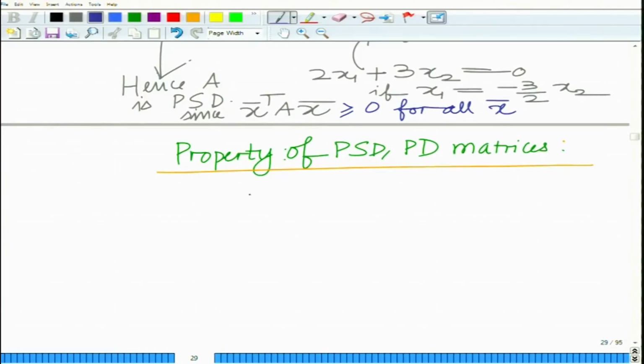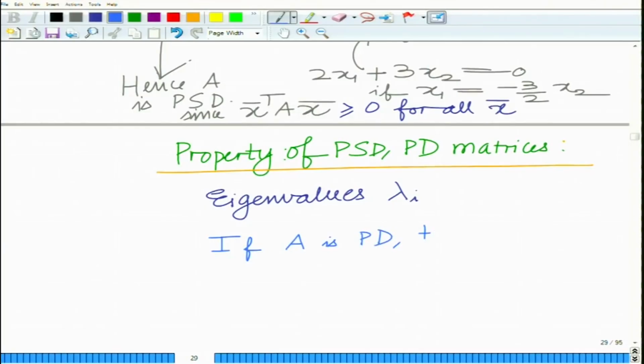Now, consider the eigenvalues, since these are square matrices. If A is positive definite, then the eigenvalues lambda i of A are strictly greater than 0; all the eigenvalues have to be greater than 0.